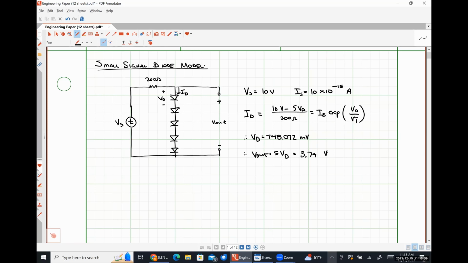Resistance, a little bit of an aside, implies a linear relationship between voltage and current. And for a diode, we know that it's largely an exponential relationship between voltage and current.